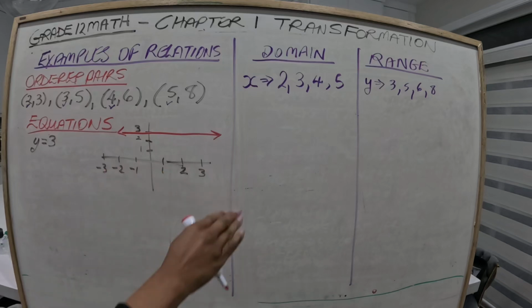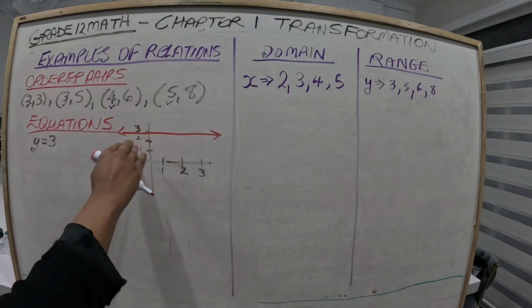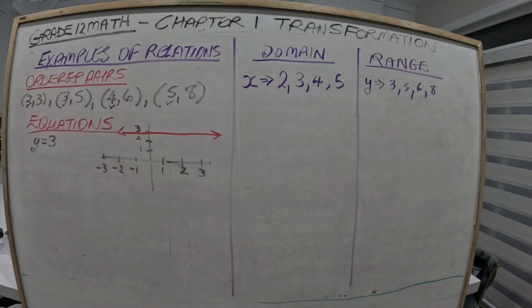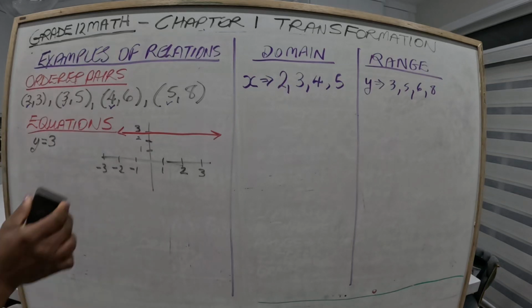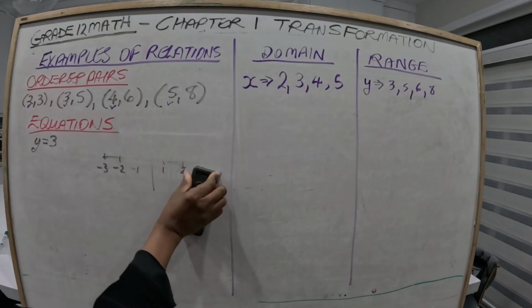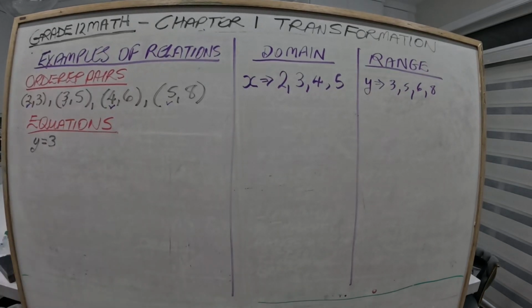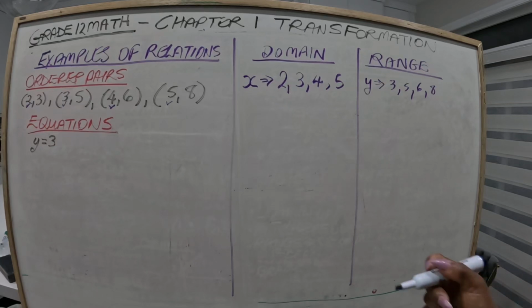Actually, there's no value of x. It's always equal to 3. It's not dependent on x at all. Okay? So this is a relation, even though it's y equals 3. And so, what is the domain?